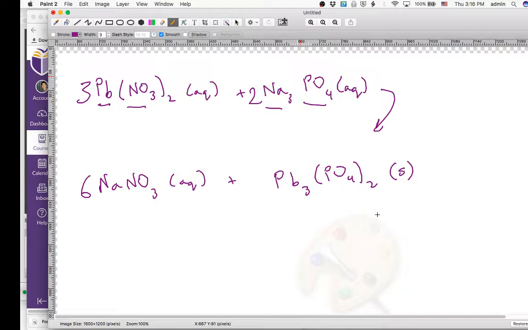Now I'm going to write the complete ionic equation by separating all of the things that are AQ. So I have 3 leads. I'll do this in a different color for you. Six nitrates, because there are 2 here and there are 3 of the whole thing. So 6 nitrates. Okay, we have 6 sodiums, and I have 2 phosphates.